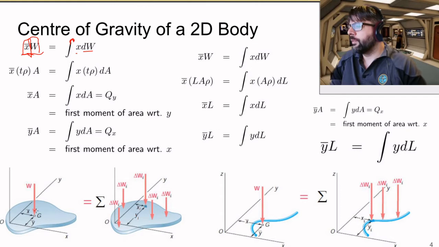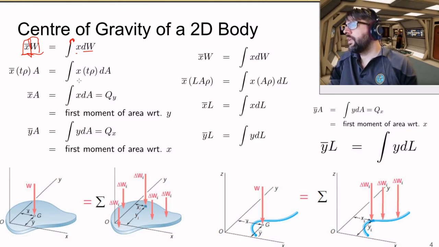So we're breaking this thing up into tiny little cubes, multiplying each of those cubes by its distance from the y-axis, and then adding all of those up in an integral. This is what we call the first moment of area with regards to y.